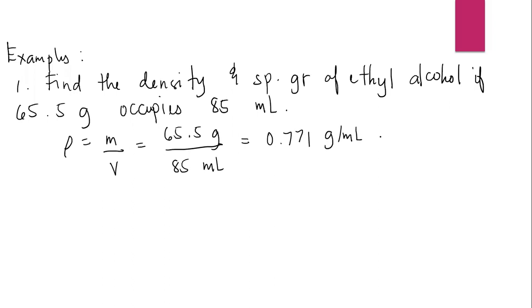Or this one could be equal to 771 kilogram per cubic meter. We just convert your gram per ml to kilogram per cubic meter. Then we have the specific gravity. Kasi 1 kilogram is equal to 1,000 gram.